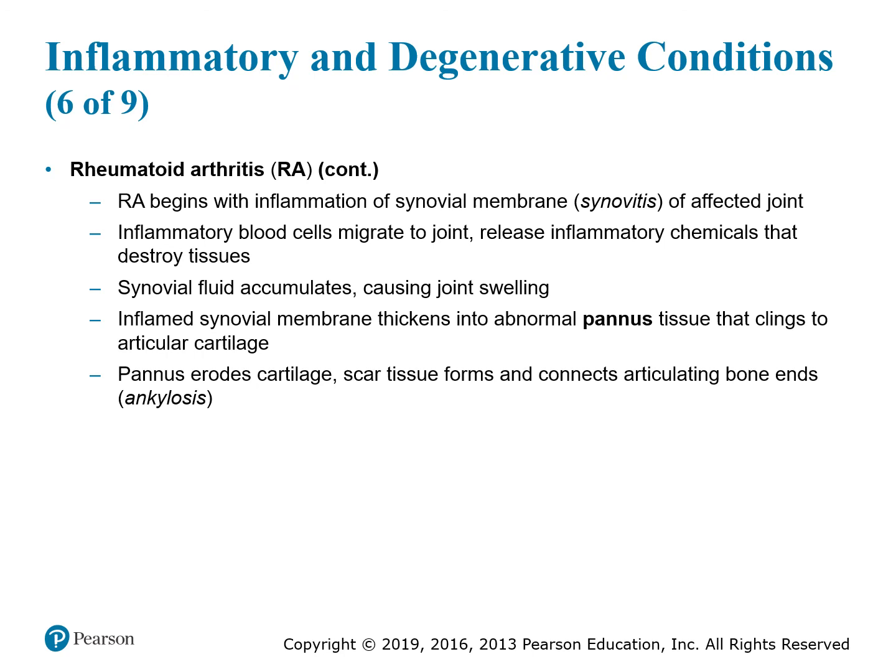The synovial fluid accumulates and causes joint swelling. The inflamed synovial membrane thickens into an abnormal pannus tissue that clings to the articular cartilage. The pannus erodes the cartilage and scar tissue forms and connects the articulating bones, causing ankylosis.